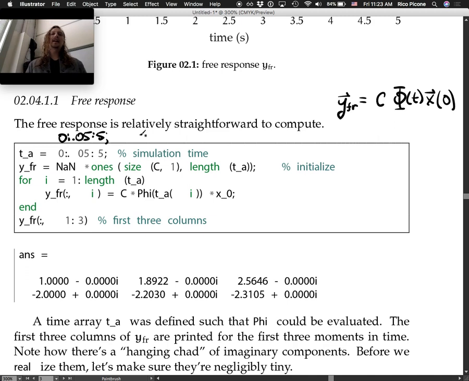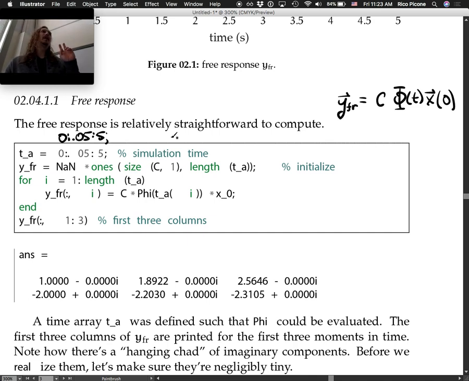And then I do this sort of fancy thing here when I initialize the free response array. But let's think for a moment what we want this array to look like in the end. We have two outputs, we decided, right?